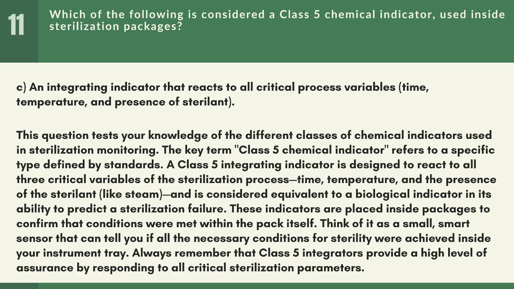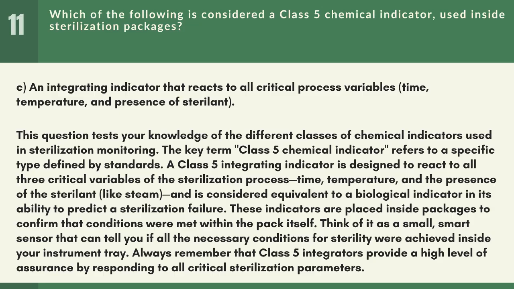A Class 5 integrating indicator is designed to react to all three critical variables of the sterilization process, time, temperature, and the presence of the sterilant, like steam, and is considered equivalent to a biological indicator in its ability to predict a sterilization failure. These indicators are placed inside packages to confirm that conditions were met within the pack itself.